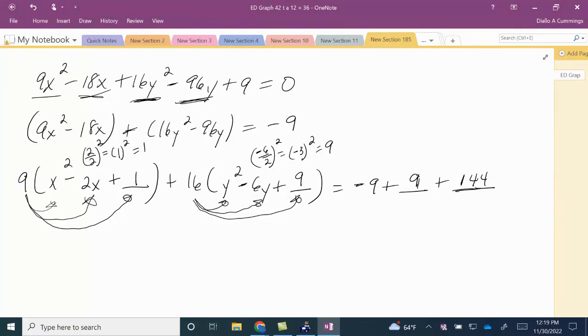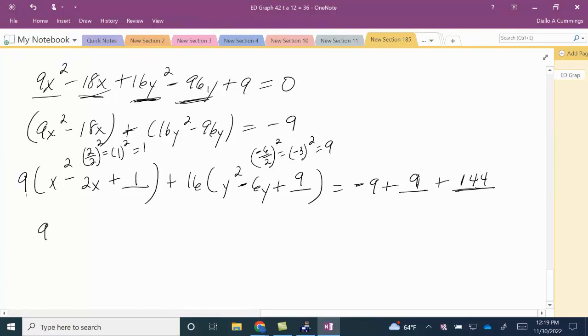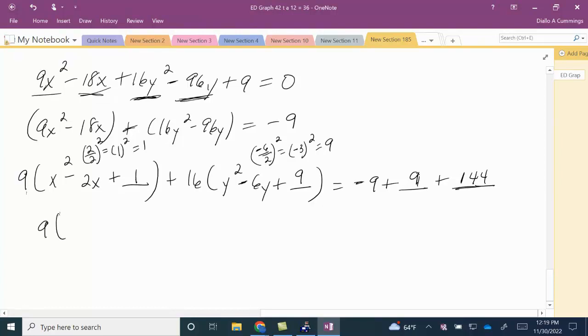Now, since we've completed the square, we're forcing perfect square trinomials. So for this first term on the right-hand side, we have a 9. And once we factor the trinomial, we should have x minus 1 quantity squared plus, so where I'm actually getting this negative 1 from, let me just make this correction.